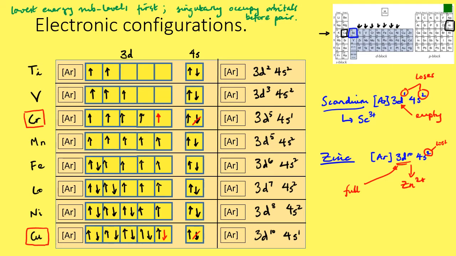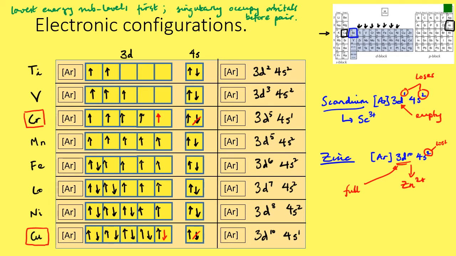So our copper exception. First of all, what you would expect if you were following the same trend as we've seen through the rest of the transition metals. So everything's the same as nickel so far, except we get our extra electron there. So that's what you'd expect. But as it happens, in a similar way to chromium, copper actually prefers a full 3d orbital. Well, 5 full 3d orbitals, a full 3d subshell.